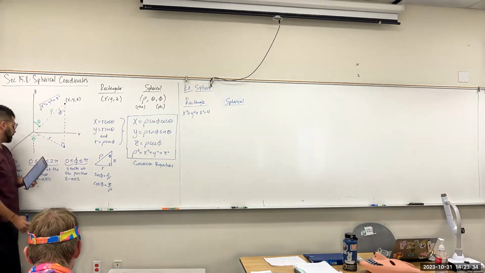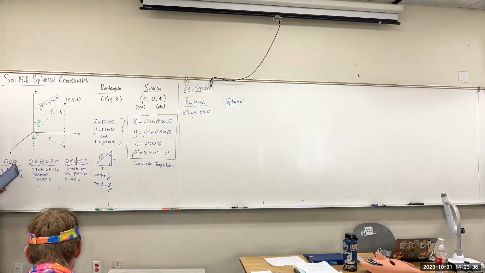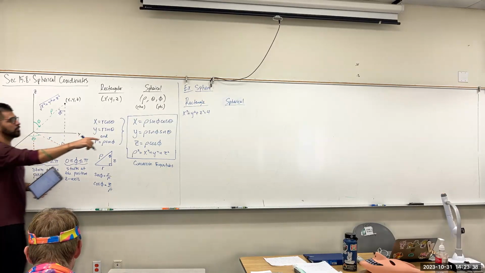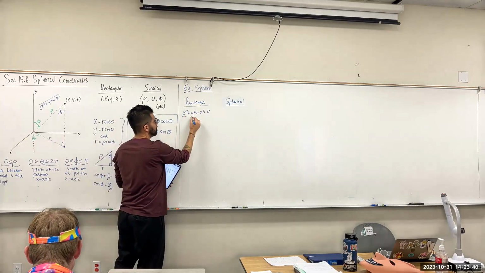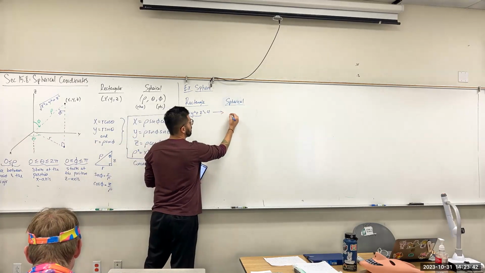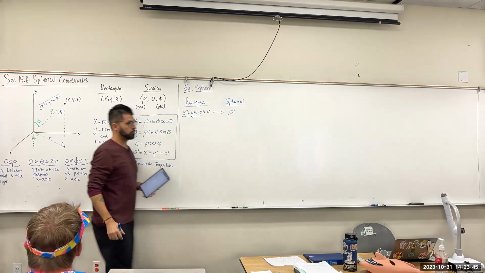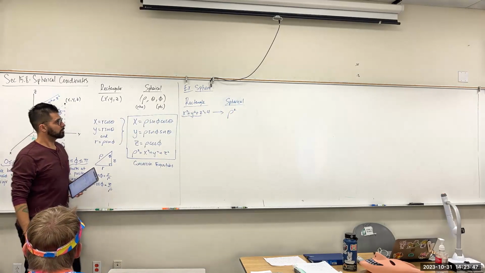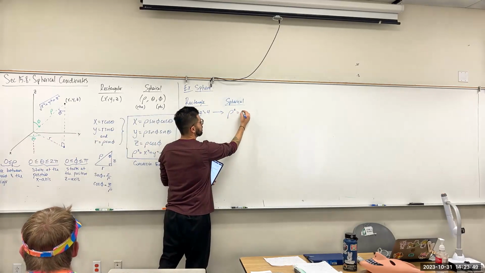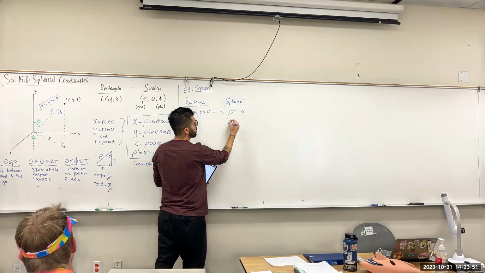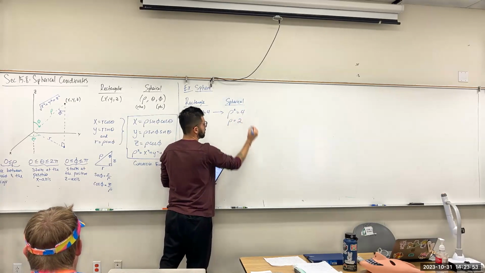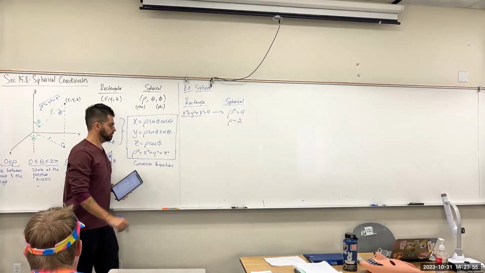That's what it looks like in rectangular coordinates. But when I turn it to spherical coordinates, what does the left-hand side become? This becomes rho squared equals 4. Square root both sides, you get plus or minus, but rho has to be positive 2. Okay?